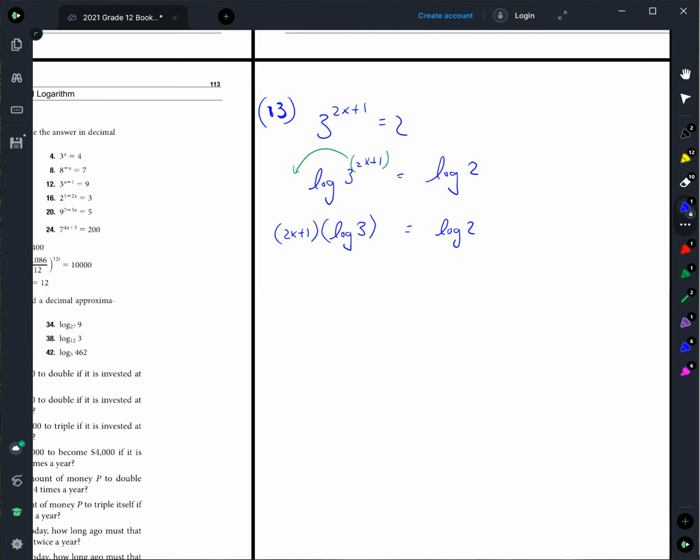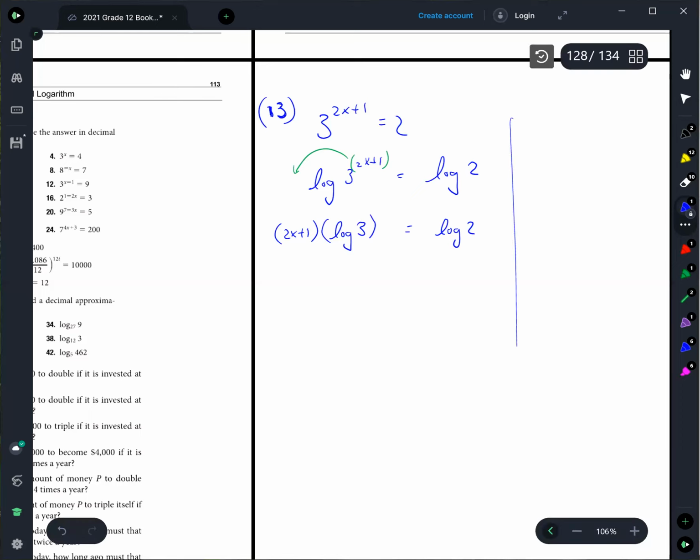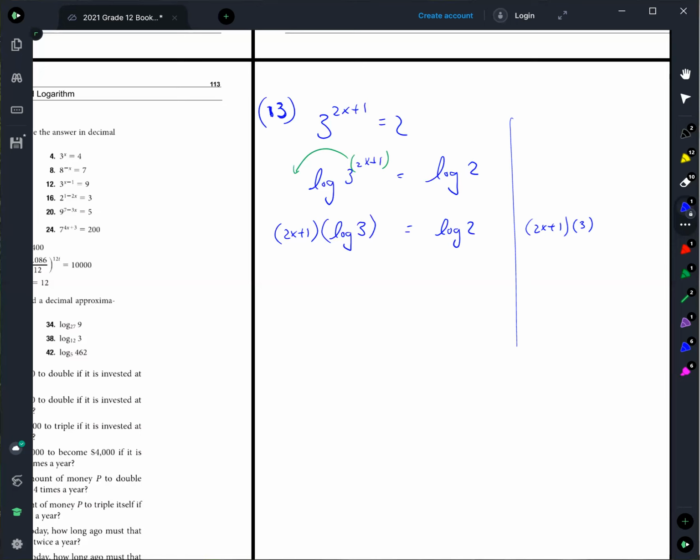You want to get rid of the brackets of the 2x plus 1. So usually we want to expand the brackets. Think about if you see this equation, if you have log 3 times 2x plus 1, does it become log 3 2x plus log 3 1? Yes, okay. So you multiply in the log 3.